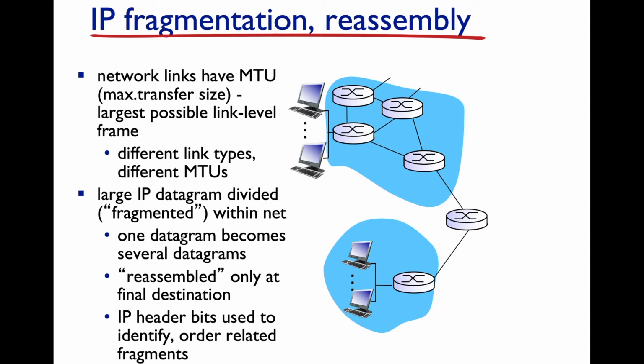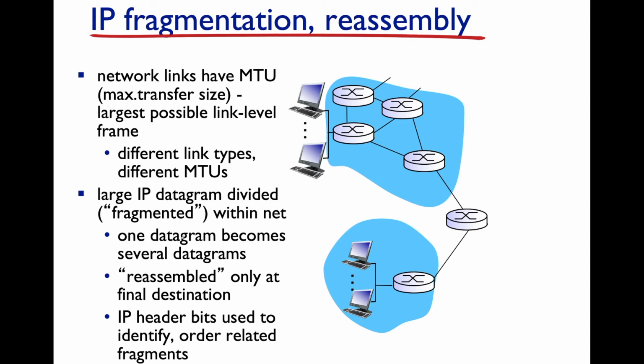Now, of course, you have a media transfer unit, and that's the maximum transfer size for a particular datagram. And there are different link types that have different size MTUs.